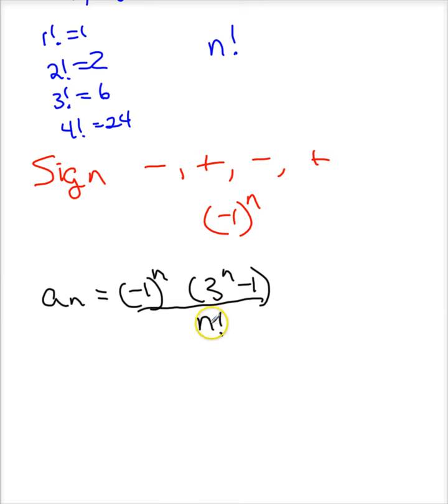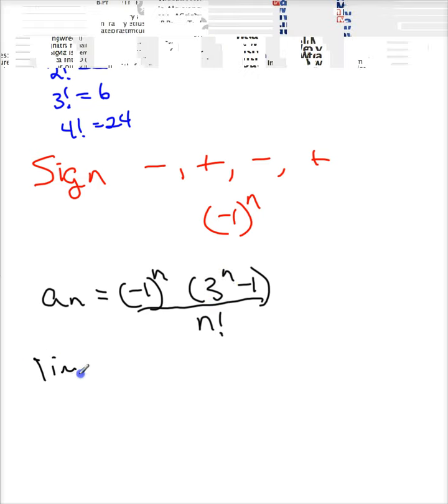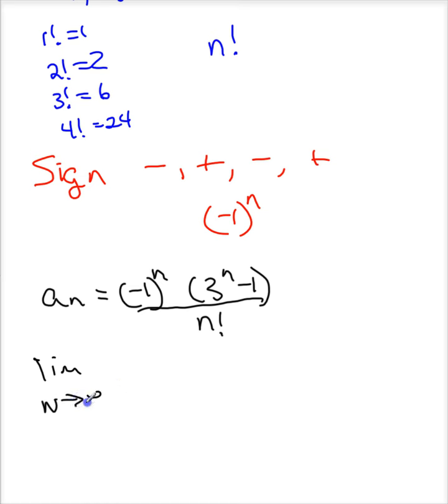Now, we've already done one where we look at the limit as n goes to infinity of a base to the n divided by n factorial. And that's always going to go to 0, because as soon as you get higher than the base, then the terms go to 0 fairly quickly. Now, let's look at the limit as n approaches infinity of the absolute value of a sub n.